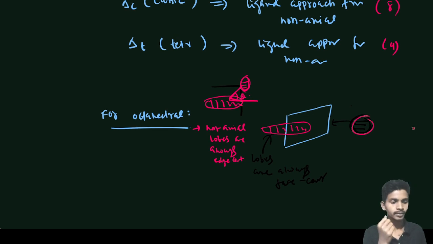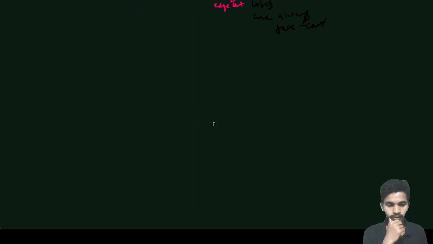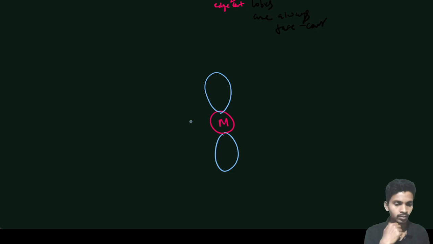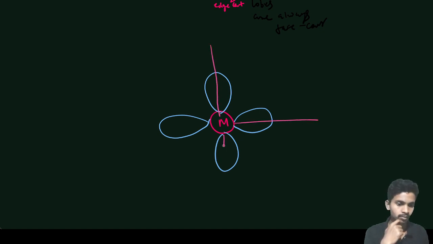Or I can say, let's say this is the metal, and these are the axials, and these are the non-axials.